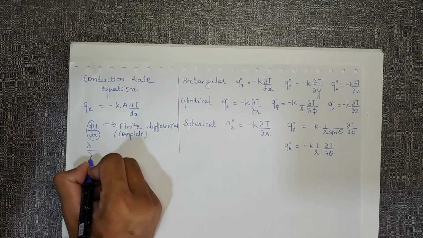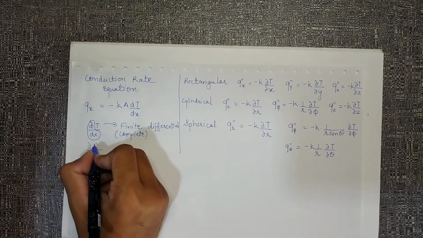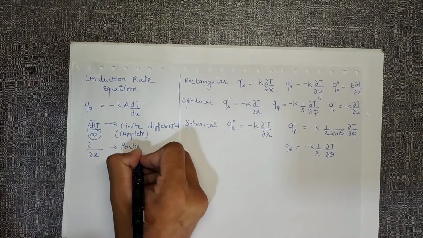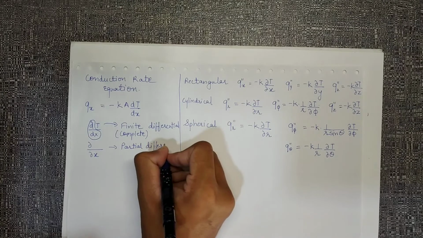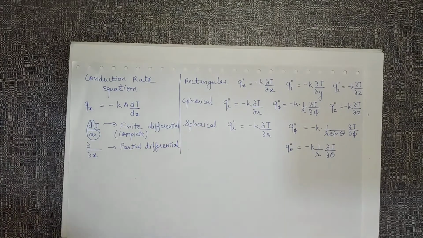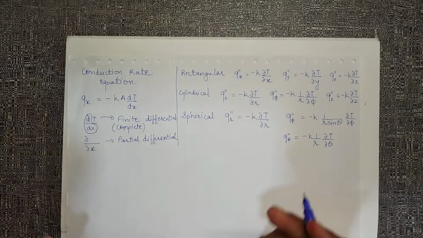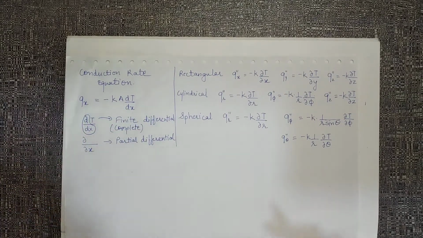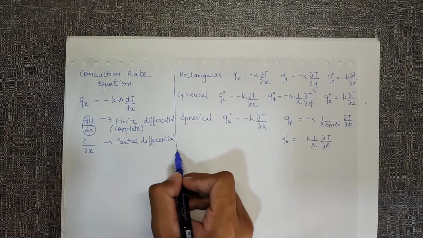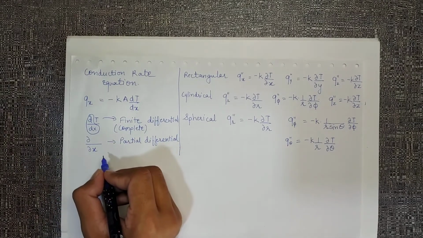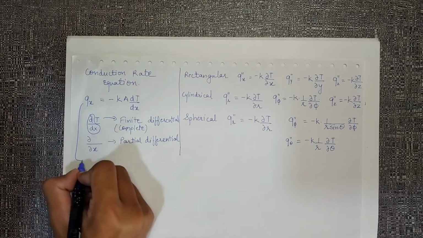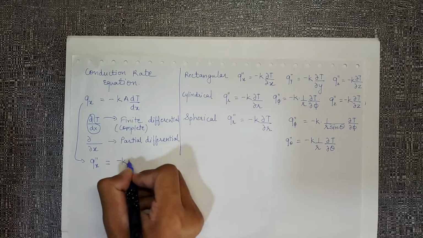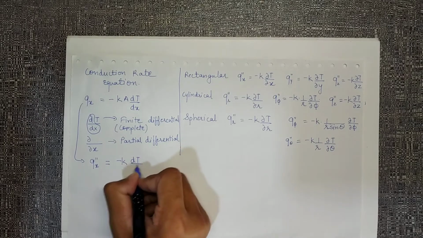But when I need to use multiple dimensions, or when I need to use this equation in multiple directions, then I need to use partial differentials. So this can be written in terms of flux as minus K dT by dx.